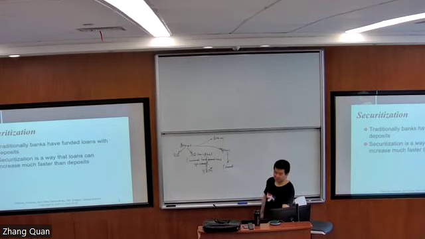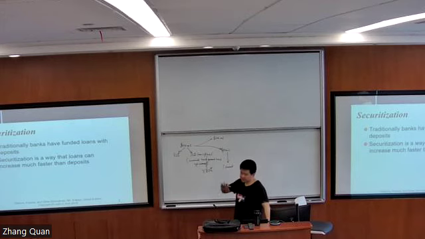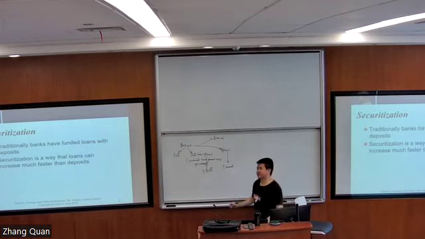The US found some problems, because with the economic growth, the demand for mortgage loans increased rapidly. But the process of managing mortgages still mostly depended on manual work.